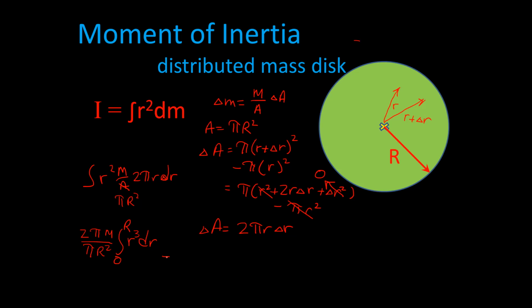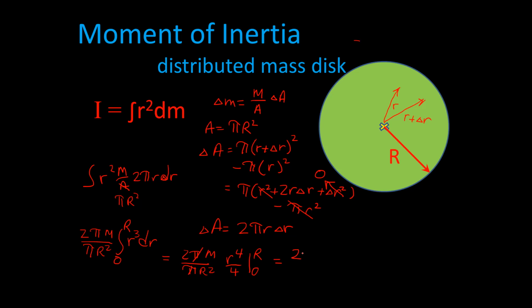I'll leave this to a student to evaluate, but we can take a look at what this ends up being. 2 pi m over pi r squared. The pi's cancel, for r to the 4th over 4 evaluated from 0 to r.